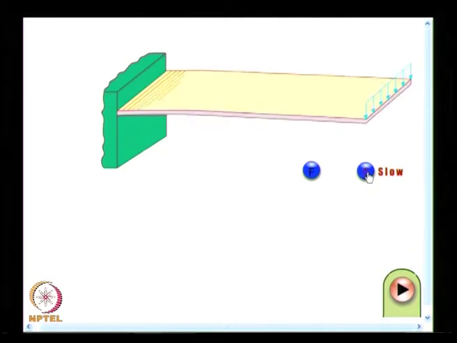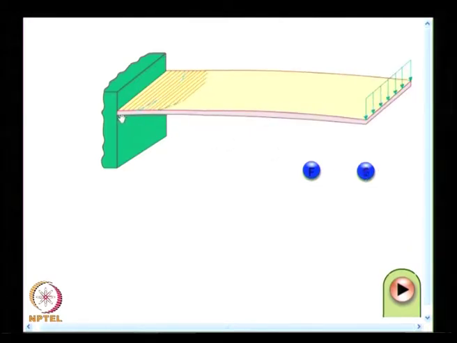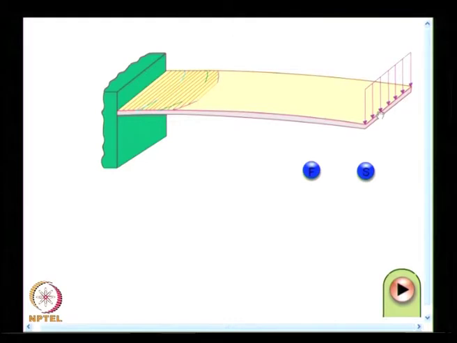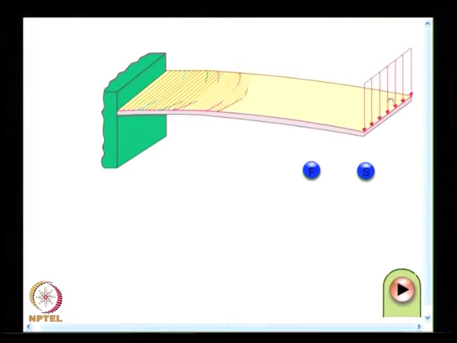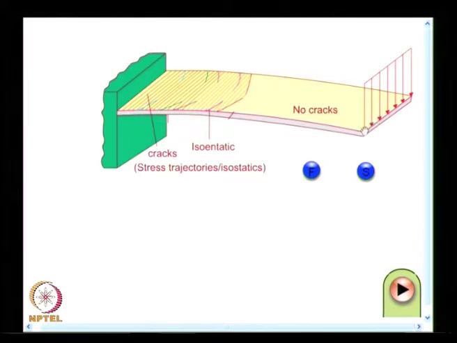And what you have here is, I have a cantilever beam which is subjected to end load, and if you watch very carefully, the color of this loading will change for each increment, and the same color is also used to mark the ends of the cracks.